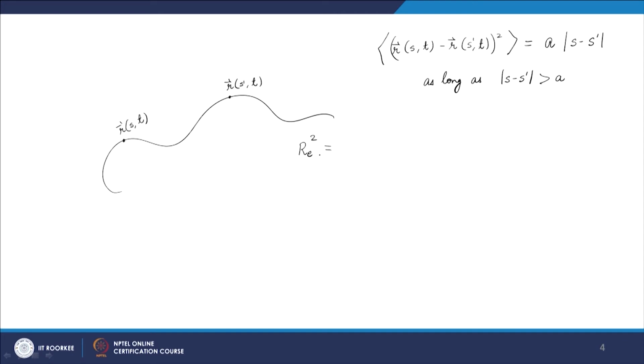Okay. So, if I look at the squared end-to-end distance of the tube, that will be equal to the contour length multiplied by the value of A that we have defined, and this has to be equal to that of the actual polymer chain that it represents.